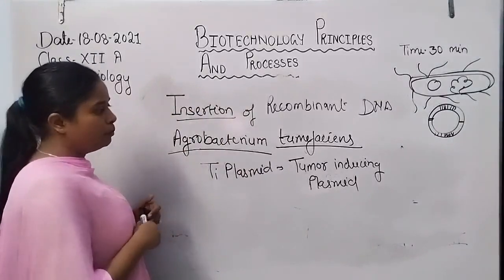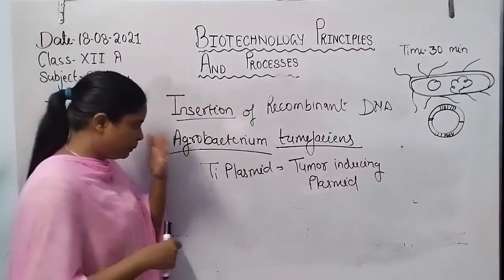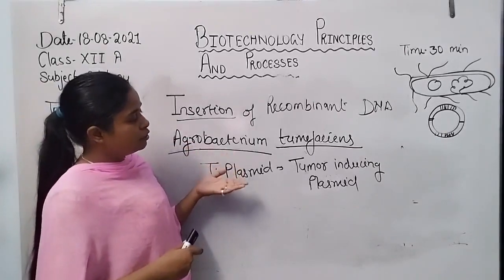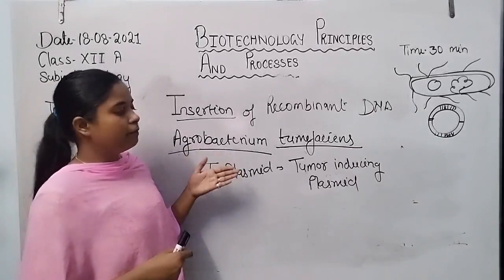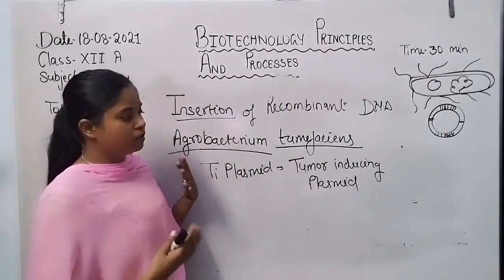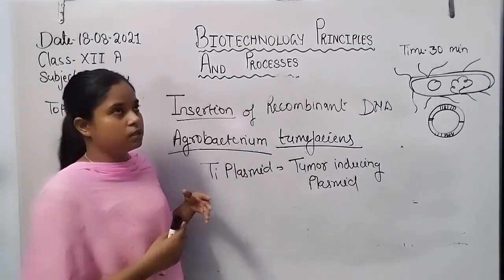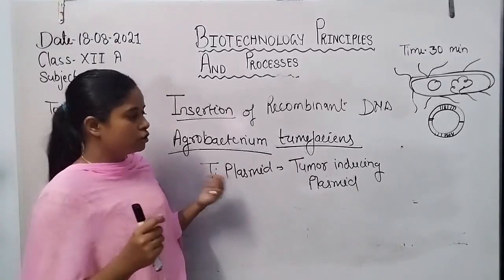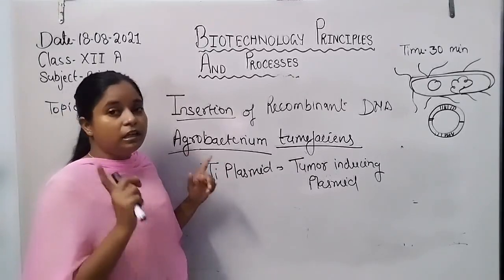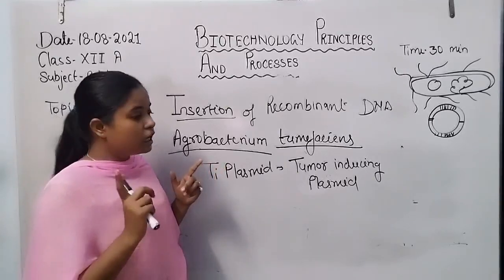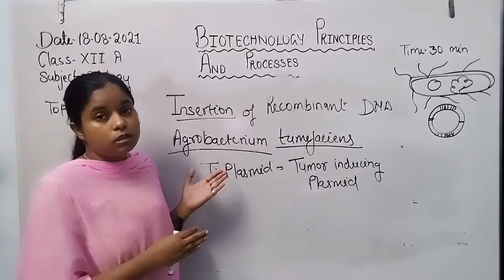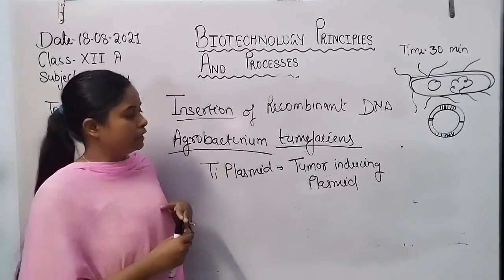The tumor inducing plasmid is transmitted by Agrobacterium because they are a parasitic type of bacteria, and they introduce their TI plasmid. Their TI plasmid has different types of genes for the synthesis of auxins or cytokinins. After the introduction, the TI plasmid induces the cell for proliferation because it has genes for auxins or cytokinins.